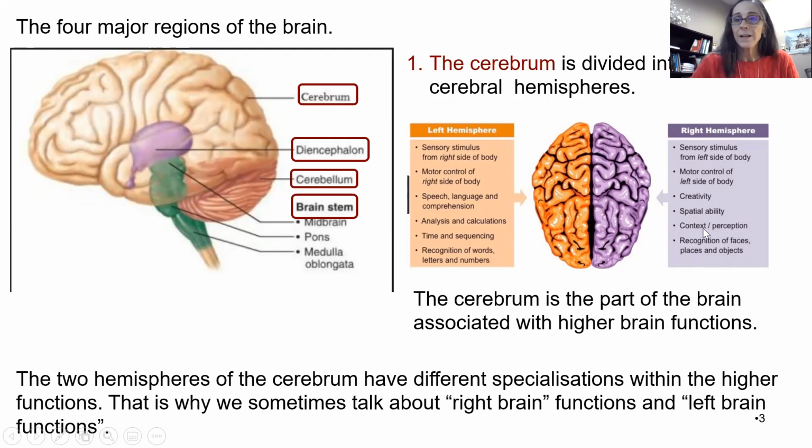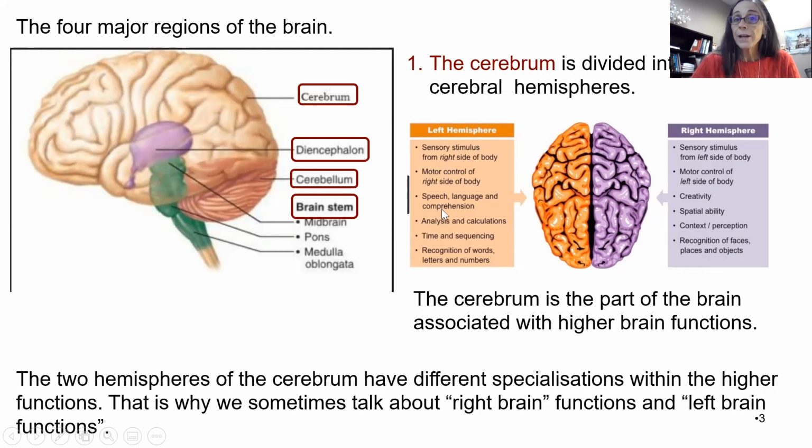And so it's your perception of body position, and also recognition of faces, places and objects. So it has some memory aspect here. It's being able to put two and two together, linking up a face that's familiar, and then bringing it to the surface. Now, the left side also has sensory stimuli from the right side of the body, again crisscrosses, and deals with motor control on the right side of the body.